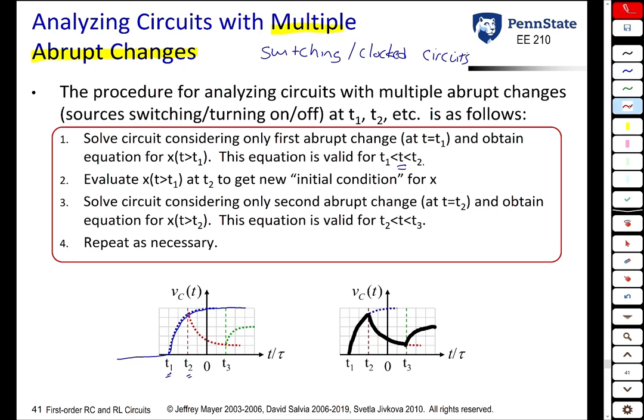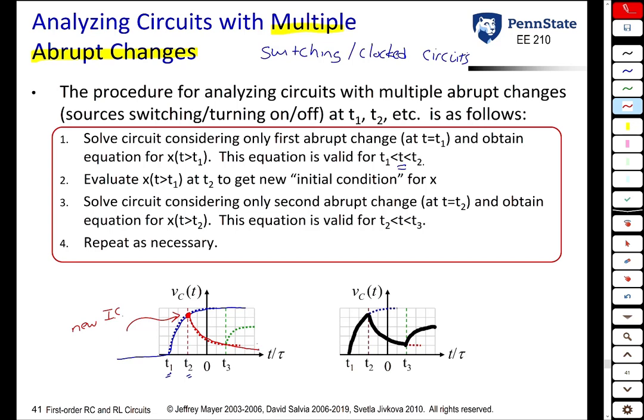What you do here, you evaluate the original equation at the point of the second discontinuity. This becomes our new initial condition. And then from this new initial condition, we can determine what the response would look like.